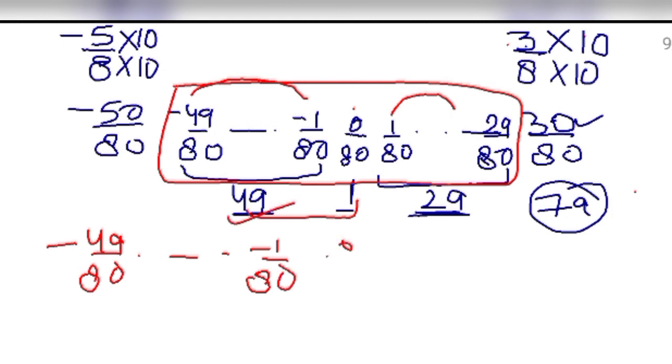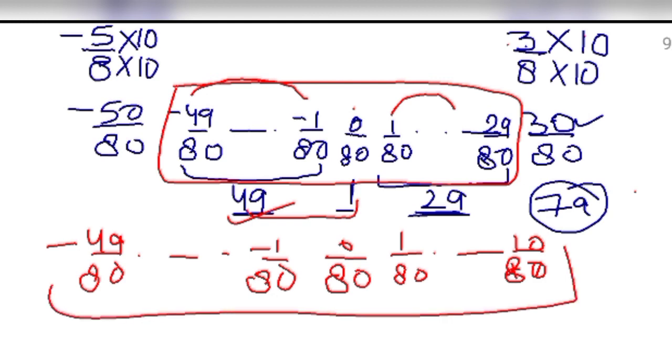Then 0 upon 80, 49 plus 1, 50 rational numbers, 10 और rational numbers चाहिए. So 1 upon 80 to 10 upon 80. These are total 60 rational numbers. You can choose any 60.